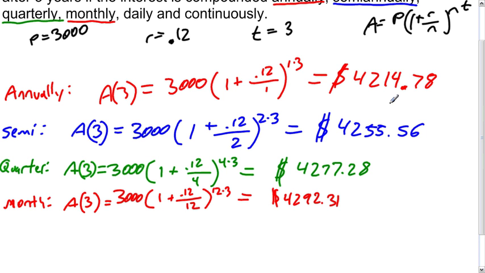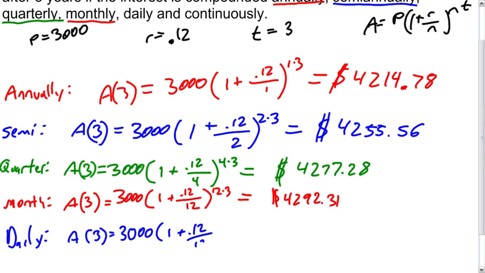If it was compounded daily, that means it's going to be compounded 365 times a year. 1 plus 0.12 over 365 to the 365 times 3 power.